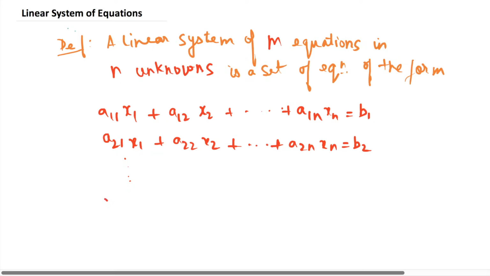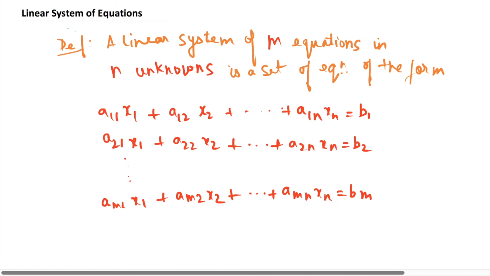We can write down the mth equation as am1 x1 plus am2 x2 plus dot dot dot plus amn xn is equal to bm.